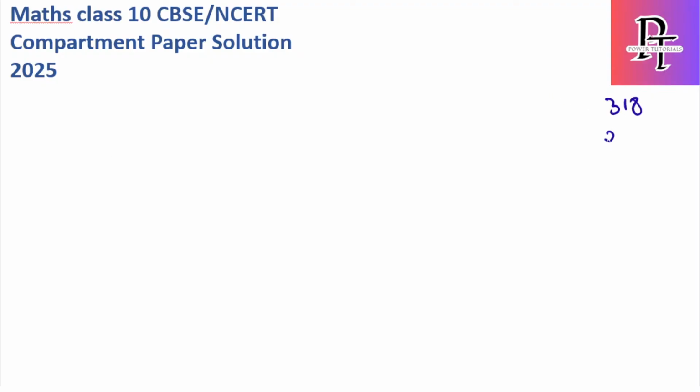Let's solve it. 2 table: 2 15s are 30, 2 9s are 18. 3 table: 3 1s are 3, 3 6s are 18. 4 will not happen. 5 6s are 30. 9 table will not happen. 12 will not happen. 13 2s are 26, 13 50 is not there. 14 will not happen, 15 will not happen, 16 will not happen.